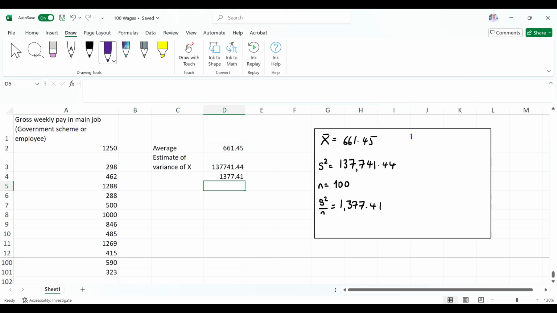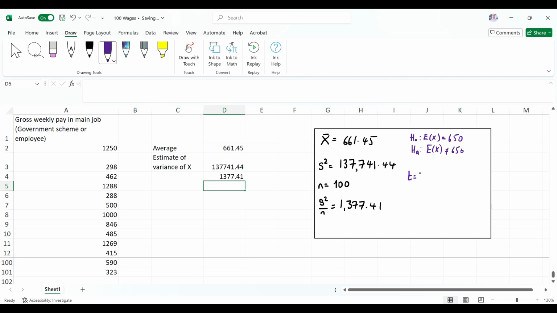Now remember, we were interested in testing the hypothesis that the expected or population average of x is equal to 650 against the alternative that E of x is not equal to 650. In order to test this hypothesis, we need to construct our t-statistic.